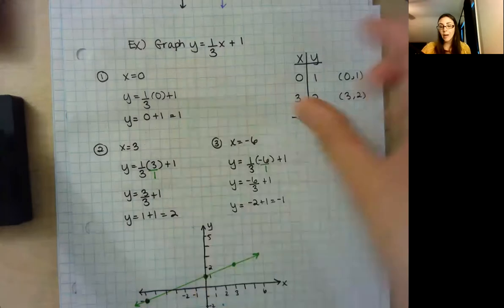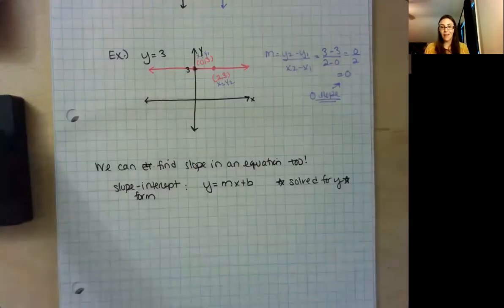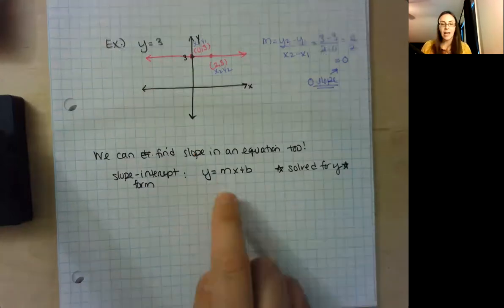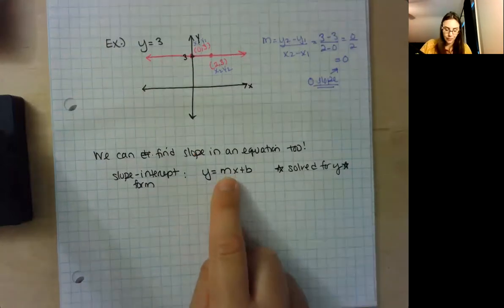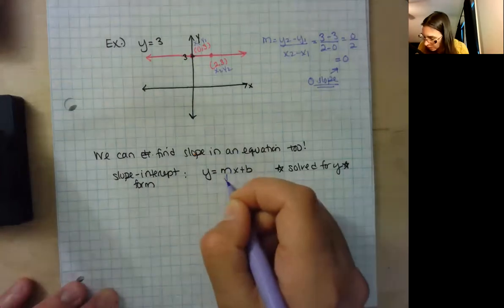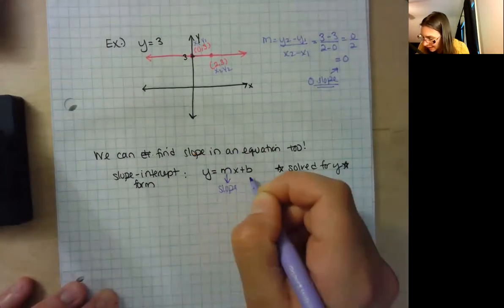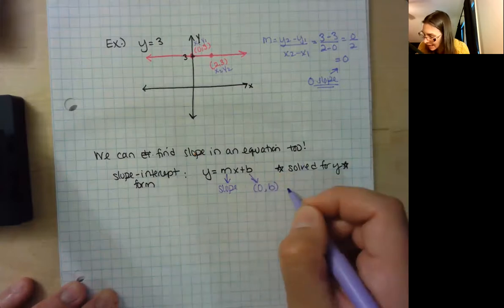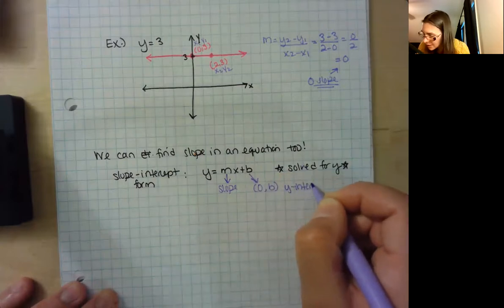So your equations don't have to be written in this form, but when they are, it tends to be really helpful because the number next to the x is your slope. So this is your slope. And the other cool thing is that whatever that b is is actually your y-intercept.